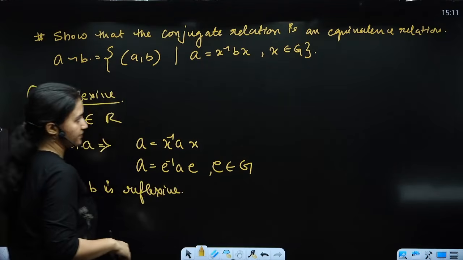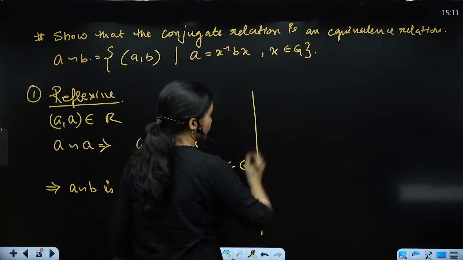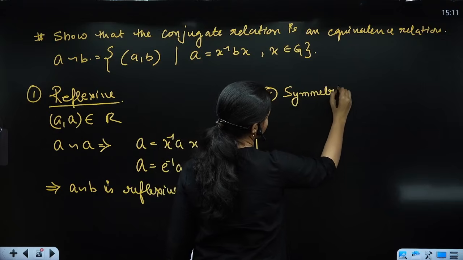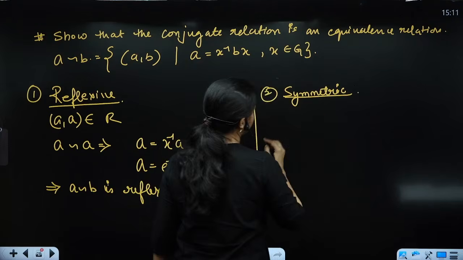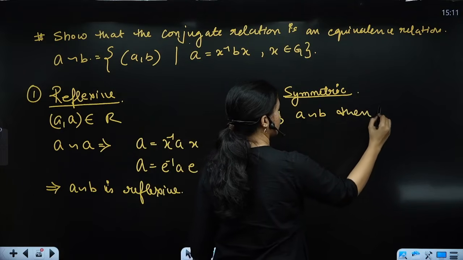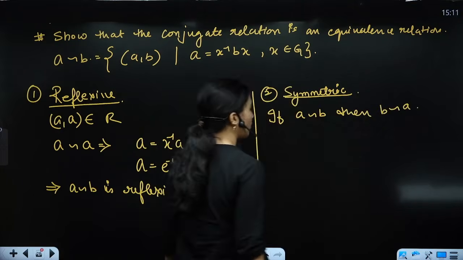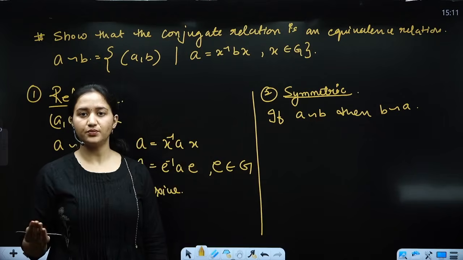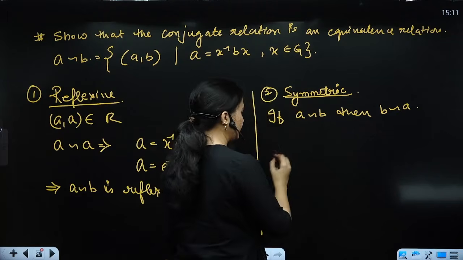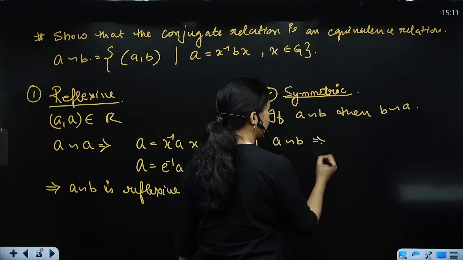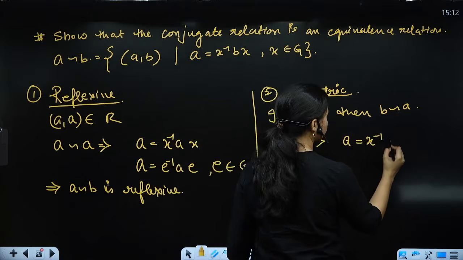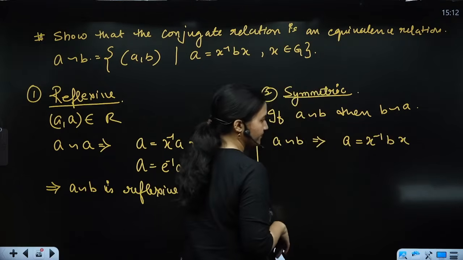Now the second part is symmetric. That means if a is related to b, then b must be related to a, or I should say that if a is congruent to b, then b must be congruent to a. Now if a is congruent to b, it implies that a equals x inverse b x, right?